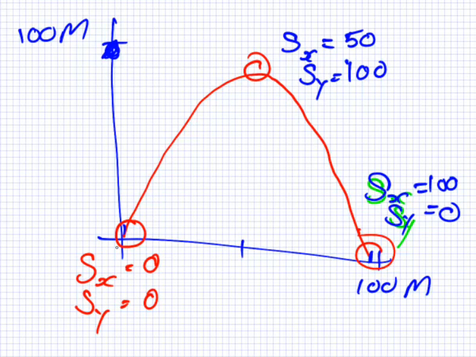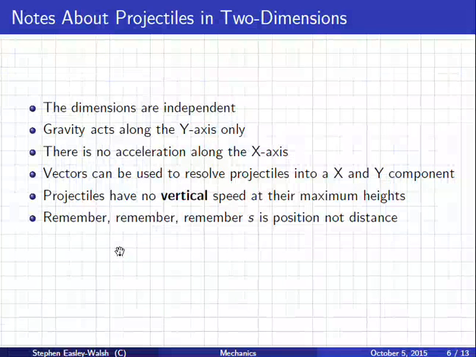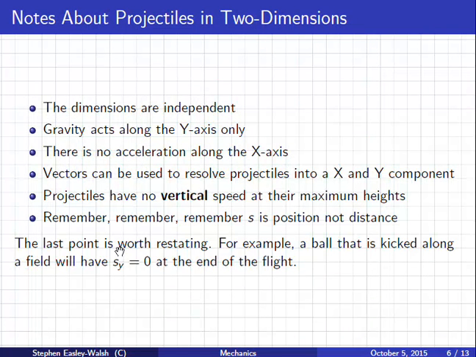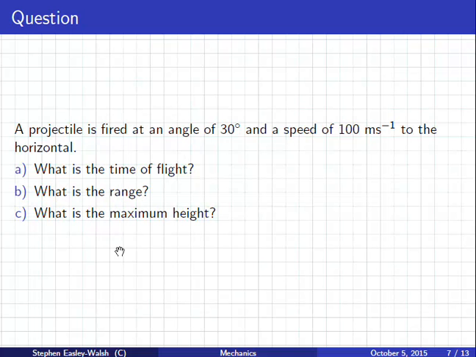So the first point, the dimensions are independent. Okay, so take something that's not independent. So there's x and there's y. Let's say I have a rope here and it's swinging around. Imagine it's here, and then it's here.